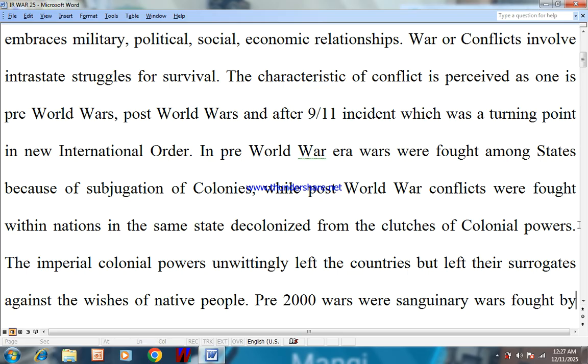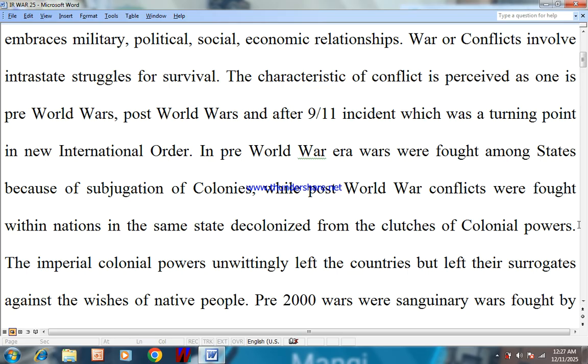Pre-World Wars, first and second, post-World Wars, and after the 9/11 incident, which was a turning point in the new international order. In the pre-World War era, wars were fought among states because of subjugation of colonies, while post-World War conflicts were fought within nations.